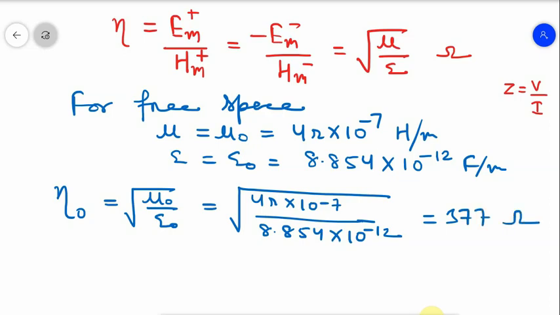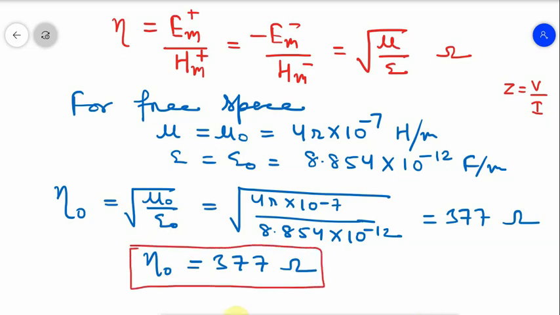So the intrinsic impedance for free space is 377 ohm. This is a very important value, you must remember it. This is the intrinsic impedance for free space.